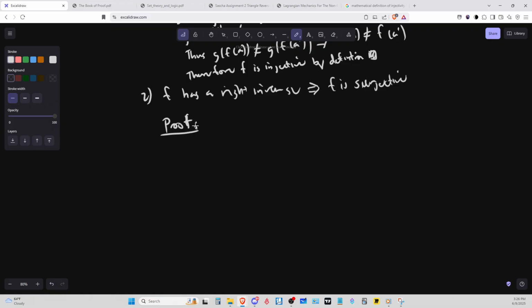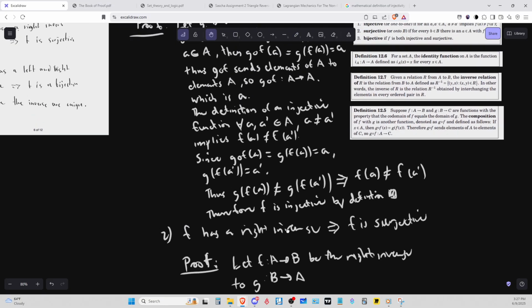Okay. Let's see. So let f from A to B be the right inverse to g from B to A. How did I write that one?